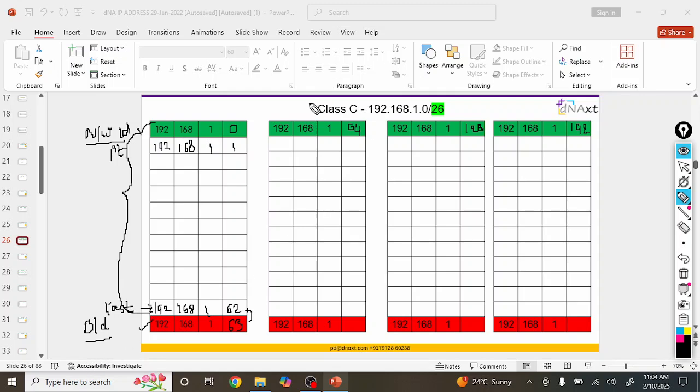Next subnetwork, the first valid host will be 192.168.1.65, and its broadcast ID will be 192.168.1.127.